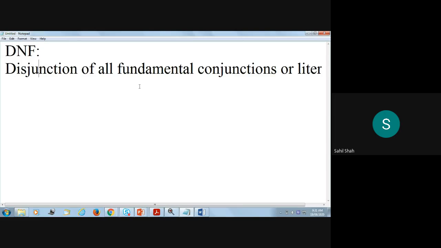Before moving to an example of disjunction of fundamental conjunctions, you should know what we mean by fundamental conjunction. What is fundamental conjunction?